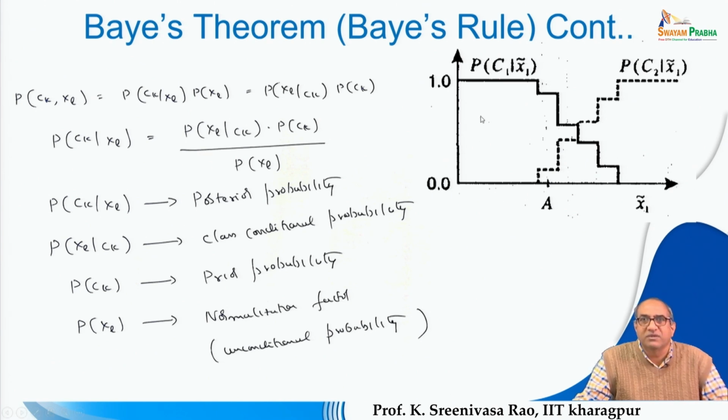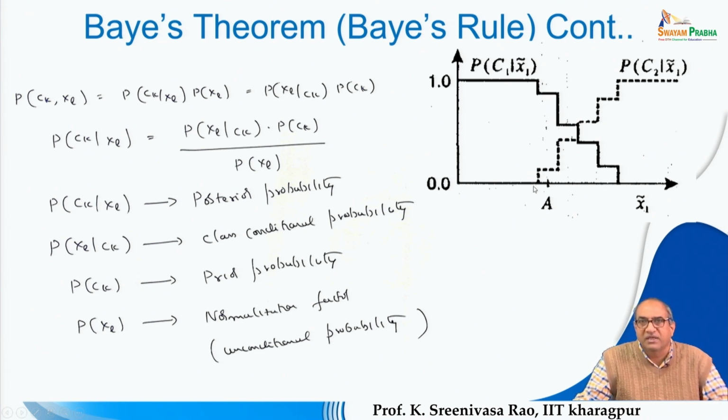Related to this, we discussed yesterday the posterior probabilities related to class 1 and class 2. Based on the feature vectors, for class 1 the feature values will be lower, whereas for class 2 they will be higher. In between there is a certain range where the class 1 and class 2 features overlap, and this leads to a probability of error.